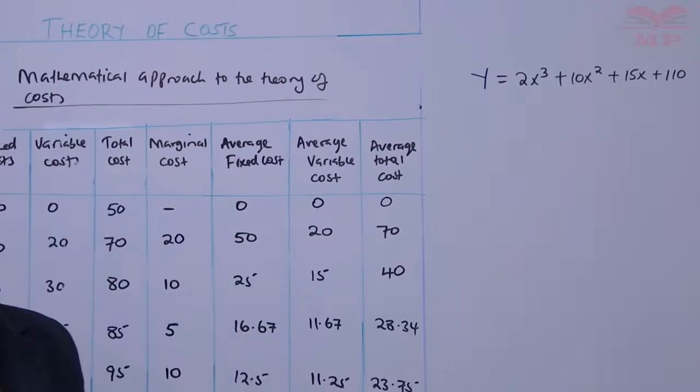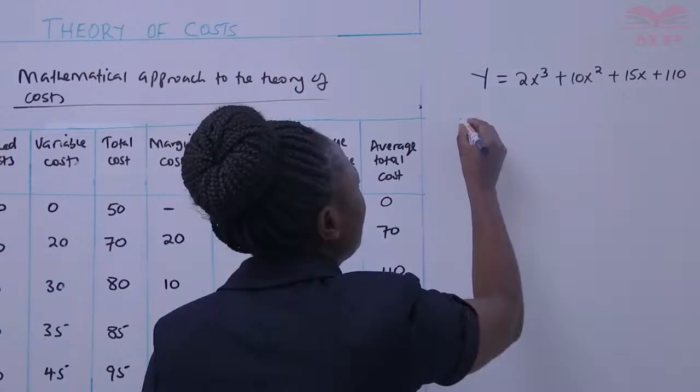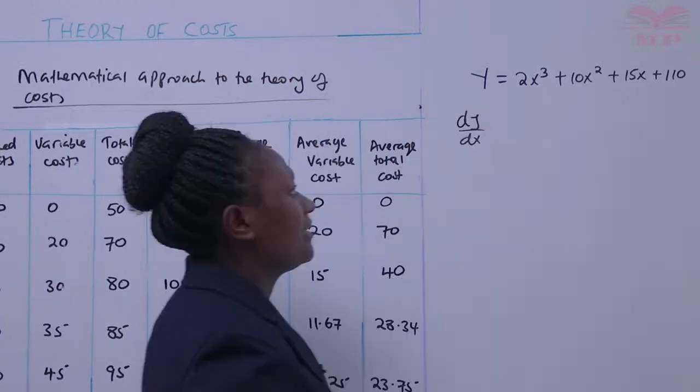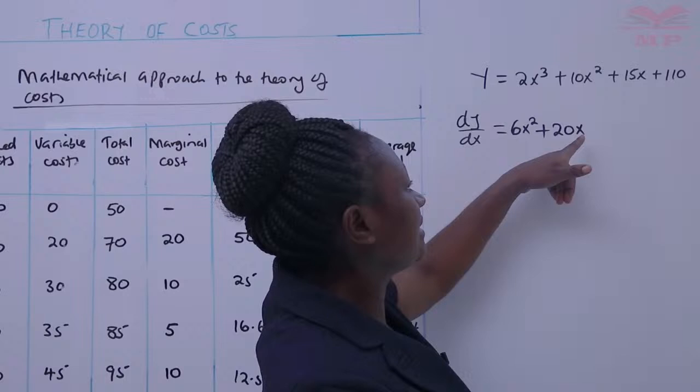Differentiating simply means finding the derivative of that function, or what we refer to as finding the dy over dx of the function. So it will be 20x.